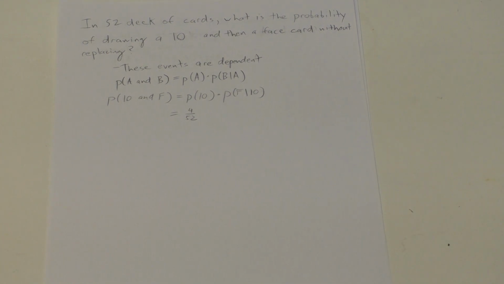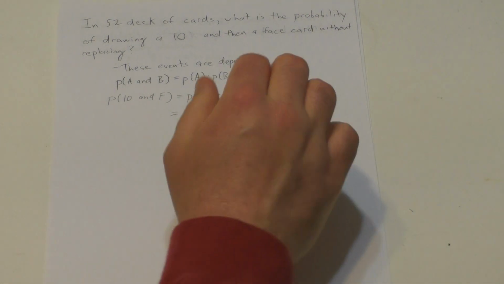Alright, now, face cards. There are 4 face cards per suit. So hearts, spades, diamonds, and clovers, or clubs, that is.